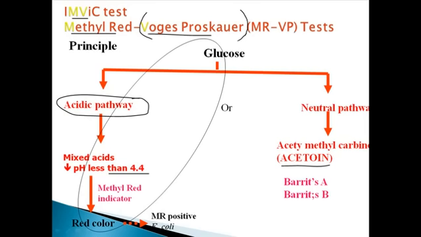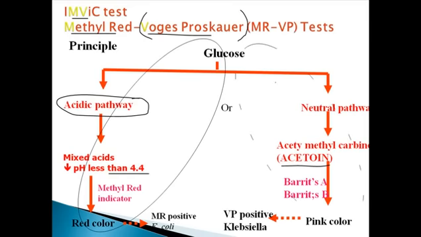Barritt's A and Barritt's B are added one by one. After addition of these reagents, a pink coloration forms. When we see the pink coloration, we say it is positive for Voges-Proskauer, VP, and that's for Klebsiella species.